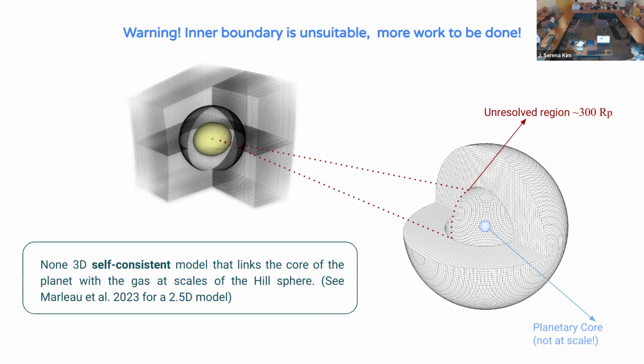But there has been recent nice progress by Maeda et al. in 2023, where they have a 2.5D model that solves all the scales from the core out to the Hill sphere. Again, you're limited. Either you solve your protoplanetary disk and you don't go all the way down to the core, or you solve your core and don't get the protoplanetary disk. It's a compromise.